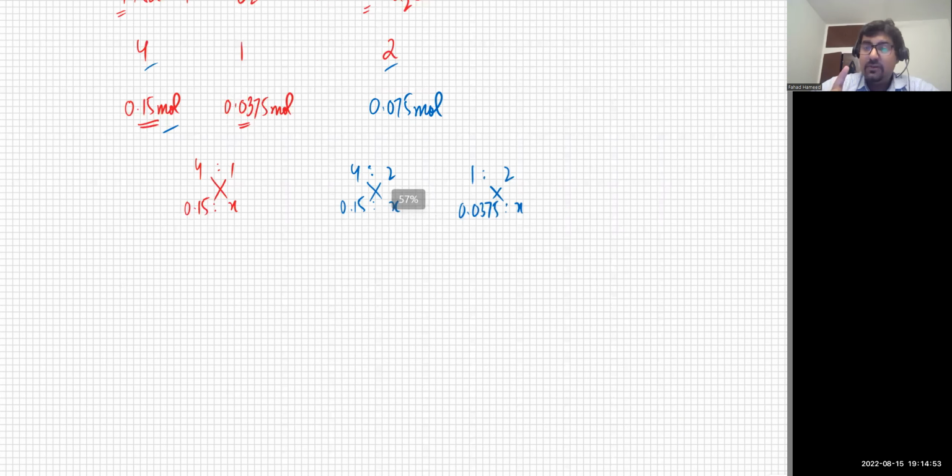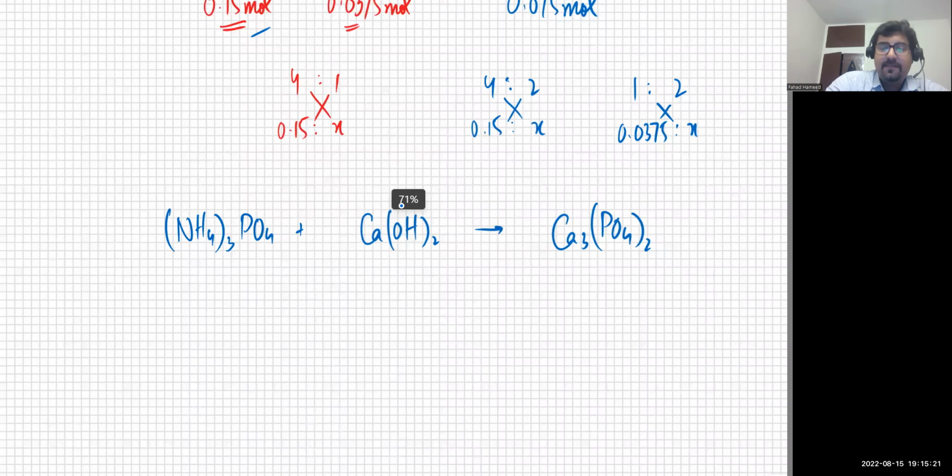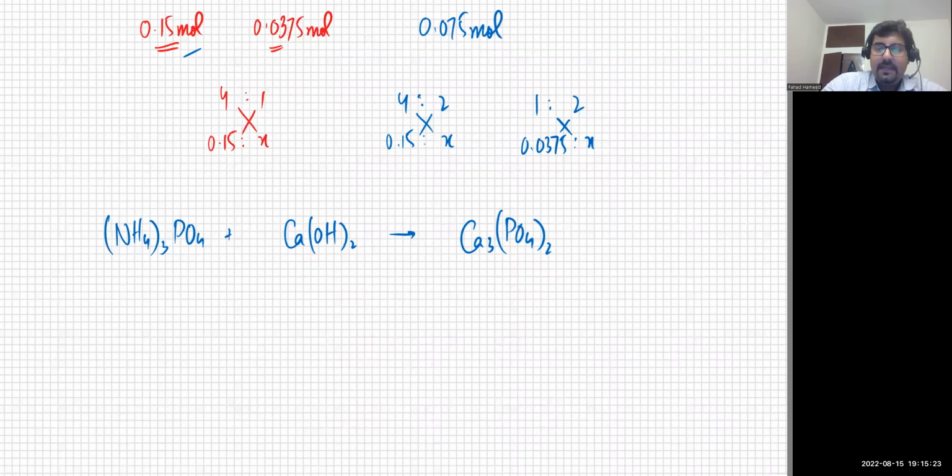I've got ammonium phosphate, and it's reacting with calcium hydroxide, Ca2+, OH is -1, and the product is going to be calcium phosphate, Ca2+, PO4 is -3. They're going to react and form water and NH3.